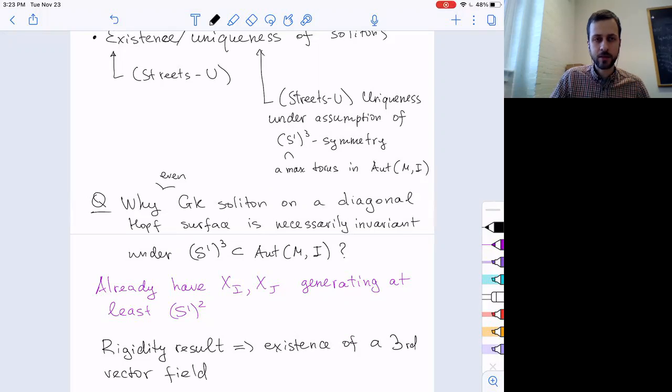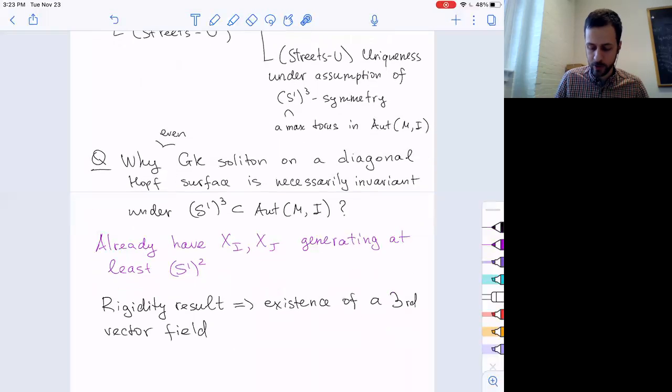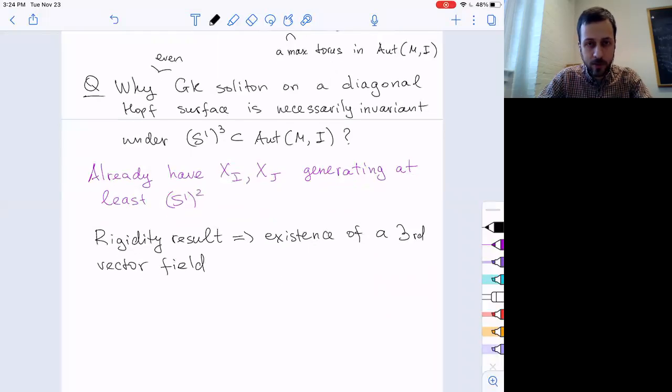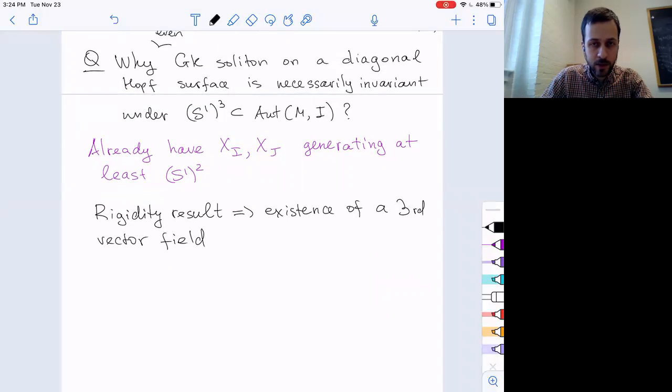Once the existence of a third vector field preserving the entire structure is established, you get three-dimensional symmetry, and you can invoke our result with Jeff. So the final statement is as follows. Let me state it precisely.